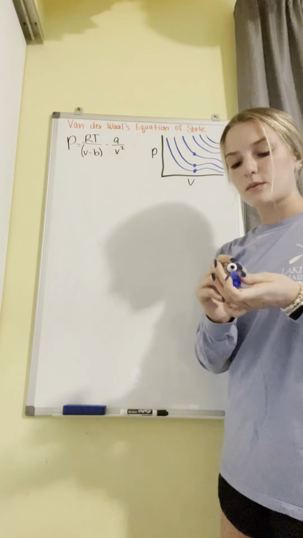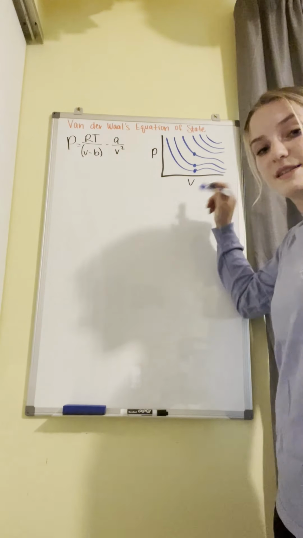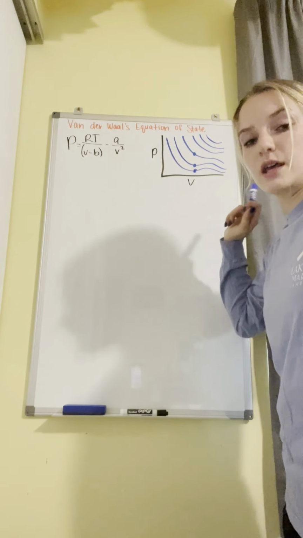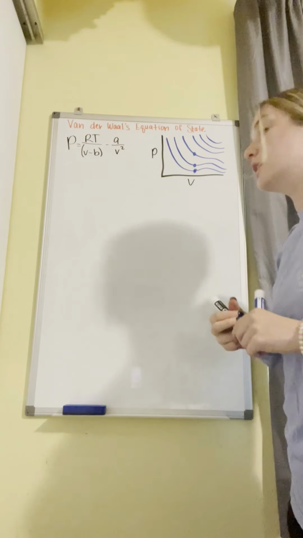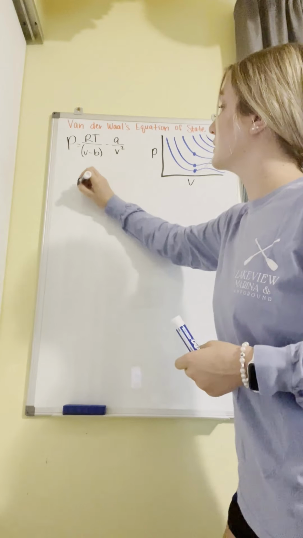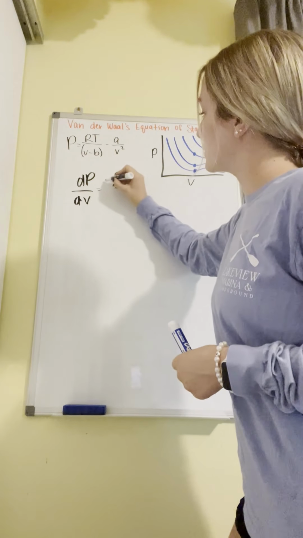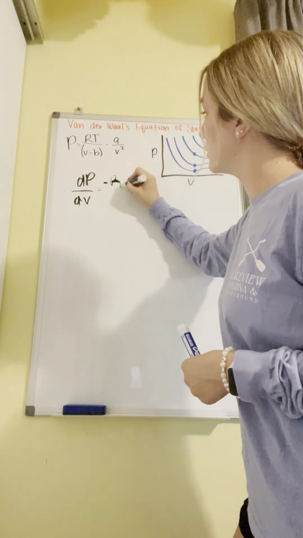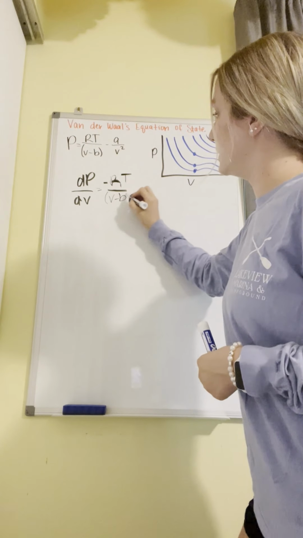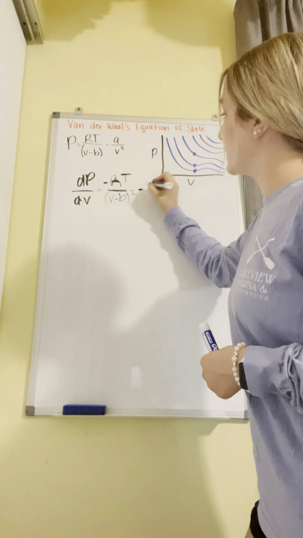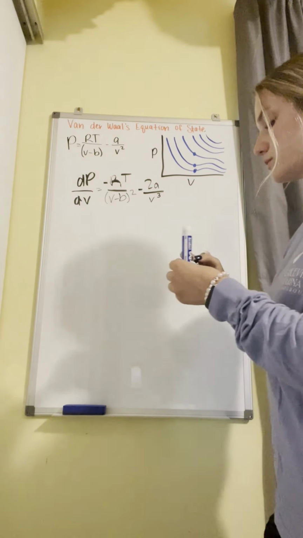Now, since we have this critical point and we have this inflection point, we can set our first and second derivative equal to 0 under these critical conditions. So we can have dP over dV equal to the negative RT divided by V minus B squared, and then we would have 2A divided by V cubed.